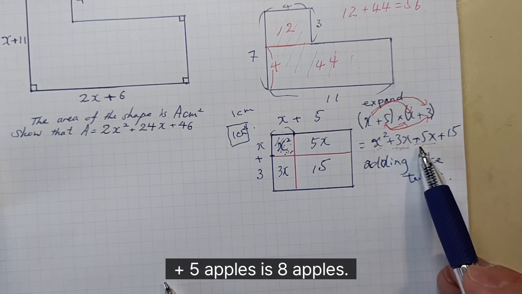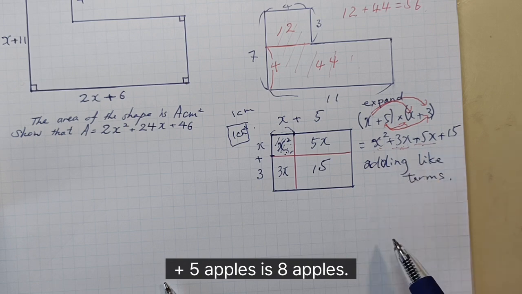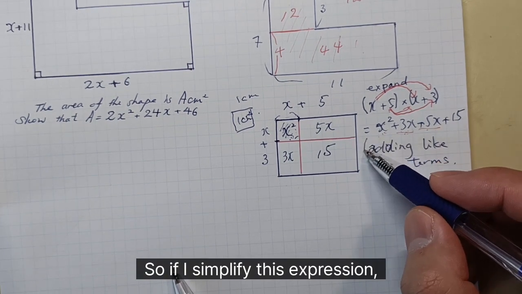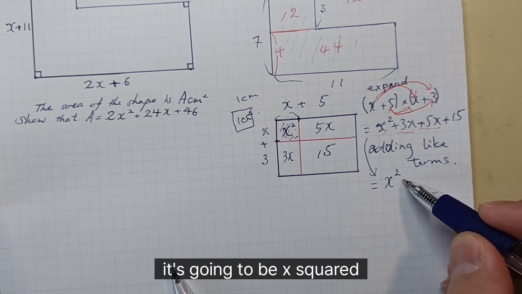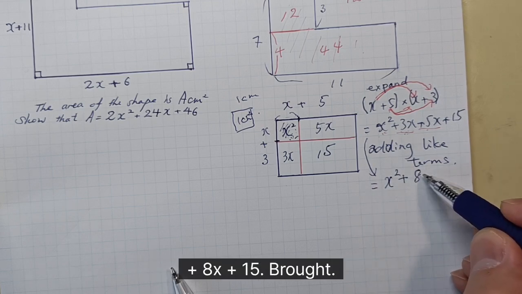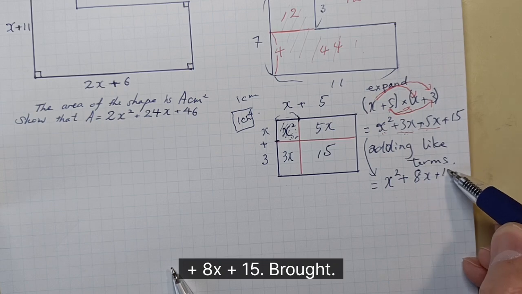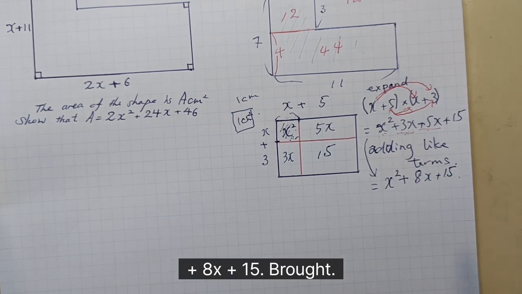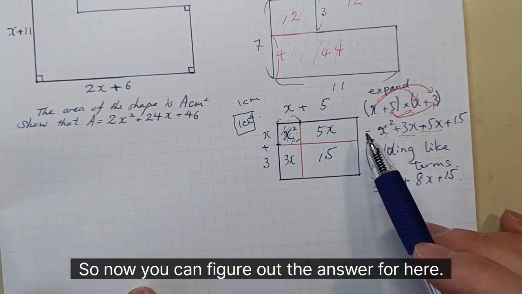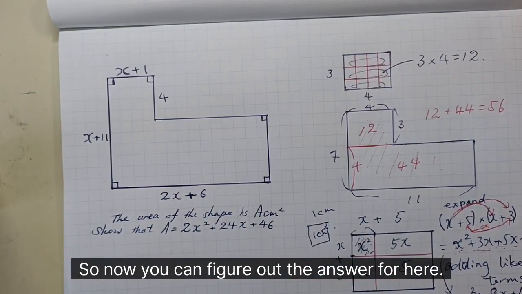Like 3 apples plus 5 apples is 8 apples. So if I simplify this expression, it's going to be x squared plus 8x plus 15. Right, so now you can figure out the answer for here.